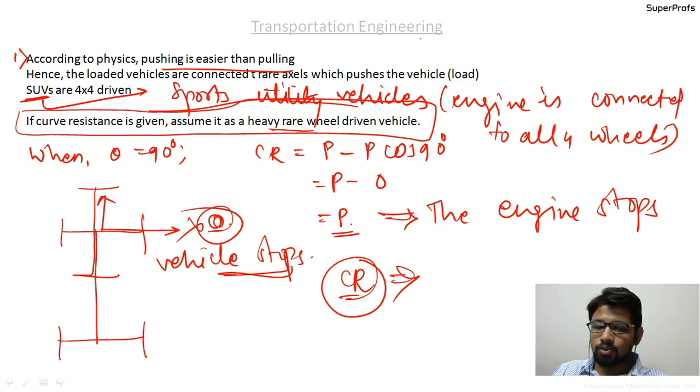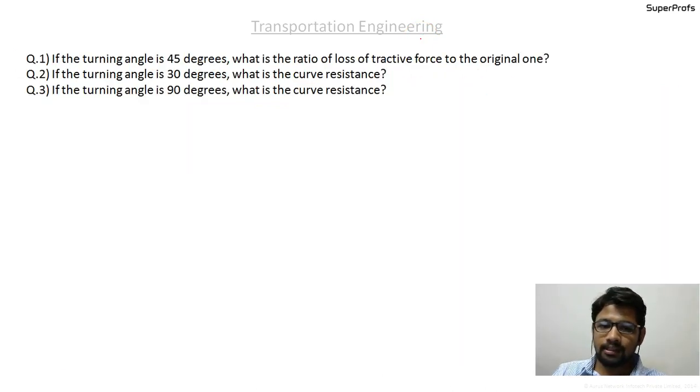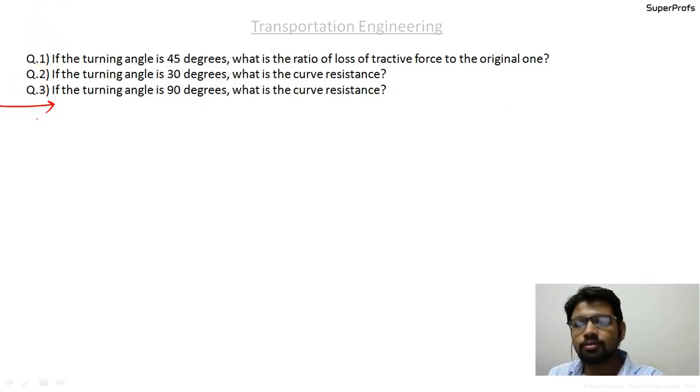Okay, so now let us take up some numerical examples on this. The first question, please try it on yourself, guys. If the turning angle is 45 degrees, that is theta equal to 45 degrees, what is the ratio of loss of tractive force to the original one?